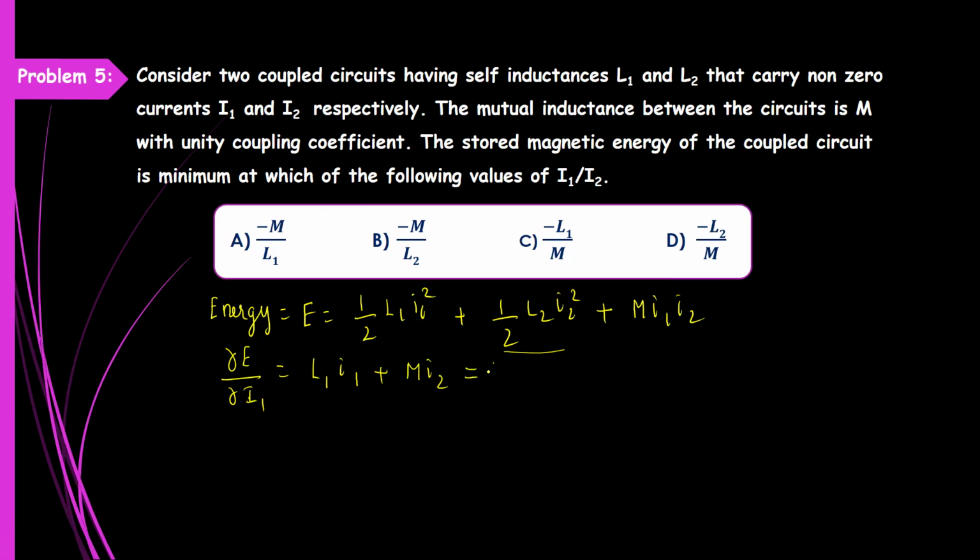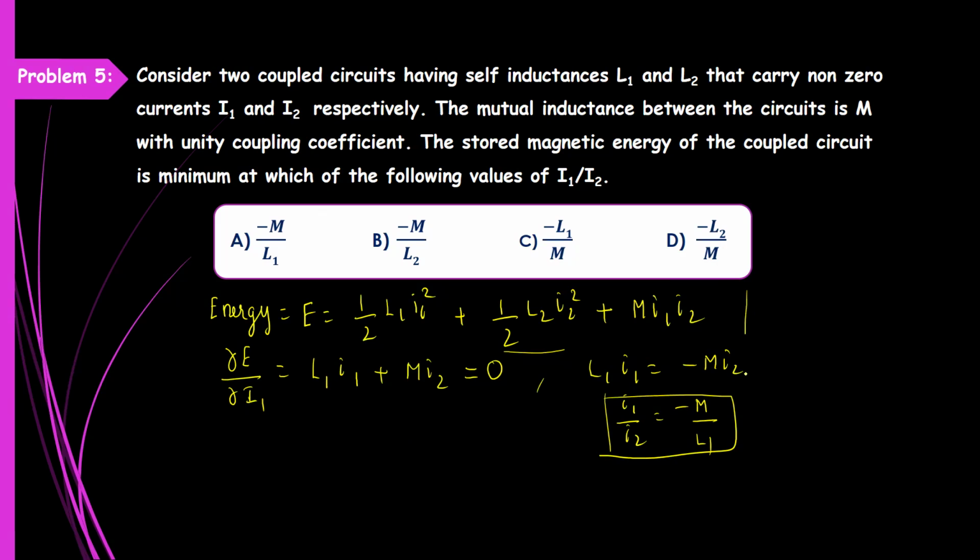So this should be equated to 0 to find the minimum value of the ratio. So if it is equated to 0, it will become L1 I1 equal to minus M I2. So I1 by I2 ratio equal to minus M by L1. So this is one answer. Okay. With respect to I1.